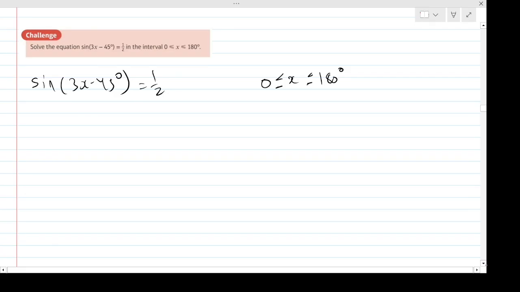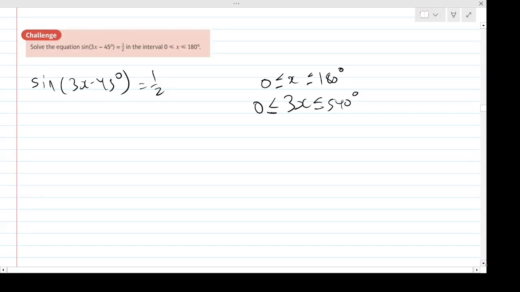Now, I would recommend using BIDMAS, so let's do 3x first, because multiplication comes before subtraction. If we times it by 3, we'd have 0, then 180 times 3 gets me 540. And then I minus 45 from all sides.